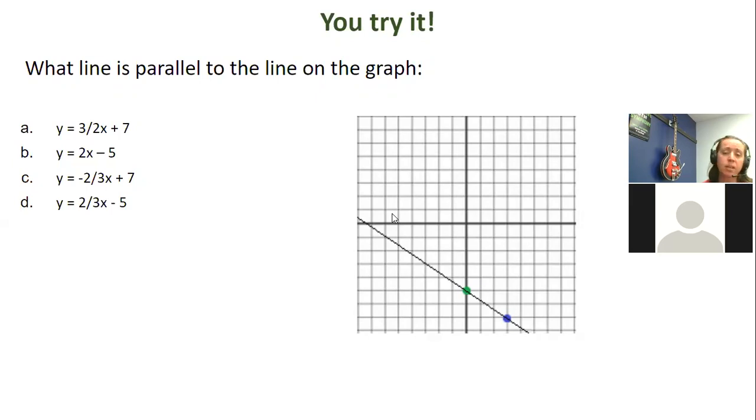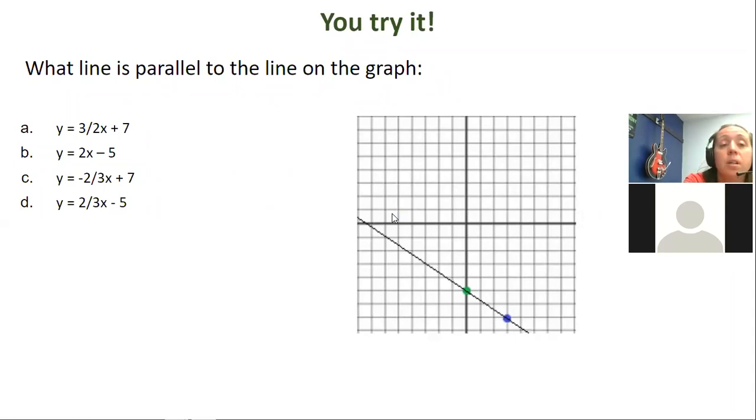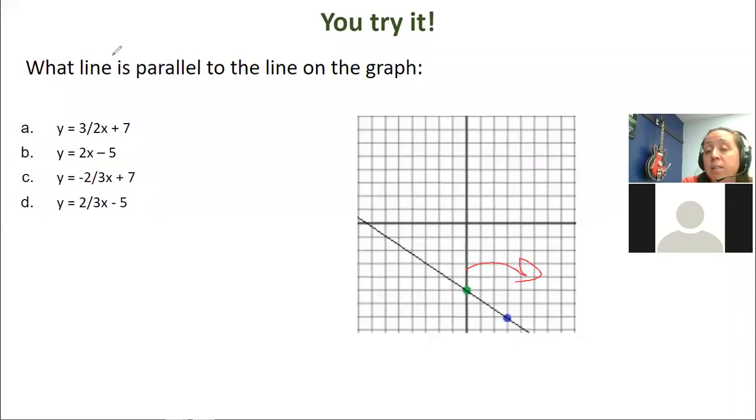Lucy says B. Okay, well, Emma says the slope is -2/3, so let's check that. I can start on this point on the left and work my way to the right. So I'm going to go down 2, so -2, right 1, 2, 3.